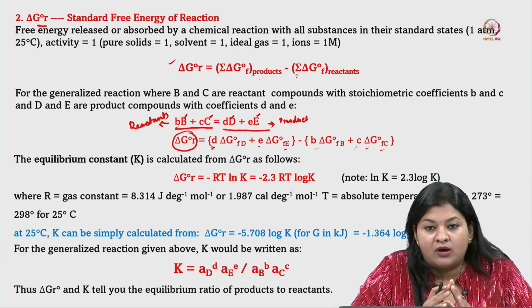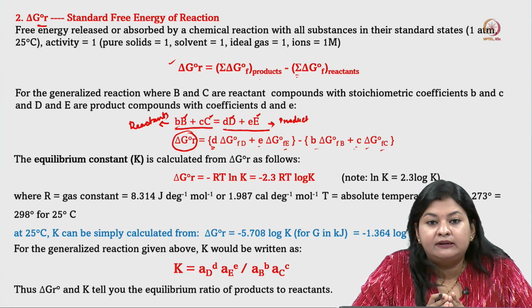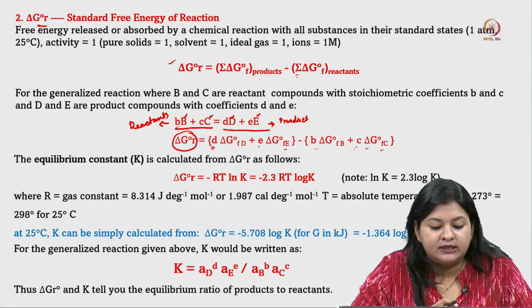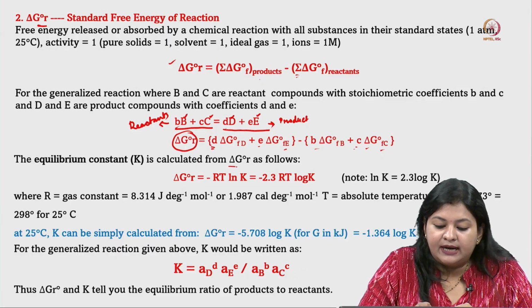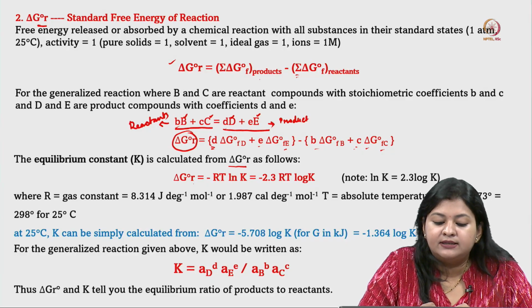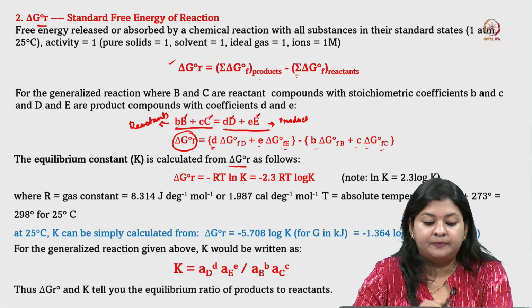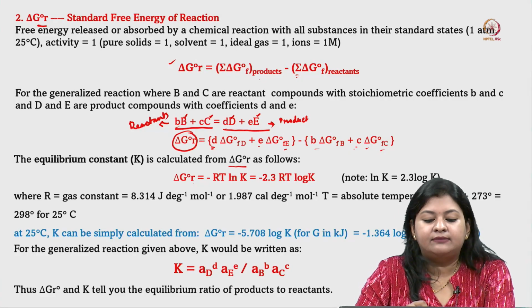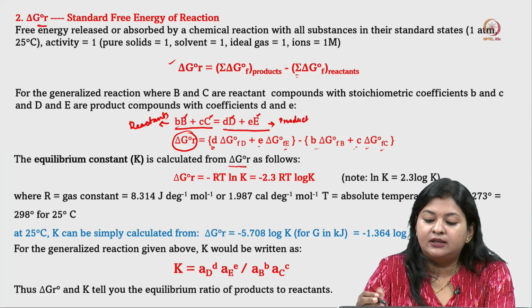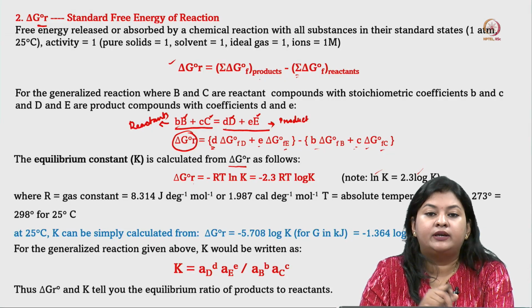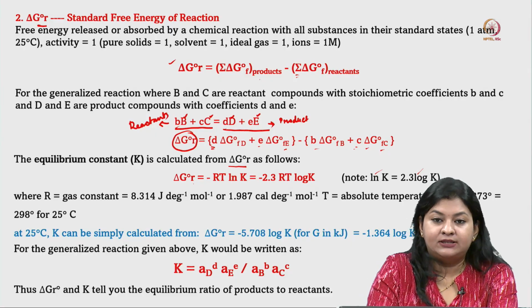Using this delta G0 R, we are going to find out the equilibrium constant. So, the equilibrium constant K value is calculated from the delta G0 R using this equation: delta G0 R is equal to minus RT ln K, and we have come across this equation. Converting the ln to the log scale, it is equal to minus 2.3 RT log K, where R is the gas constant.